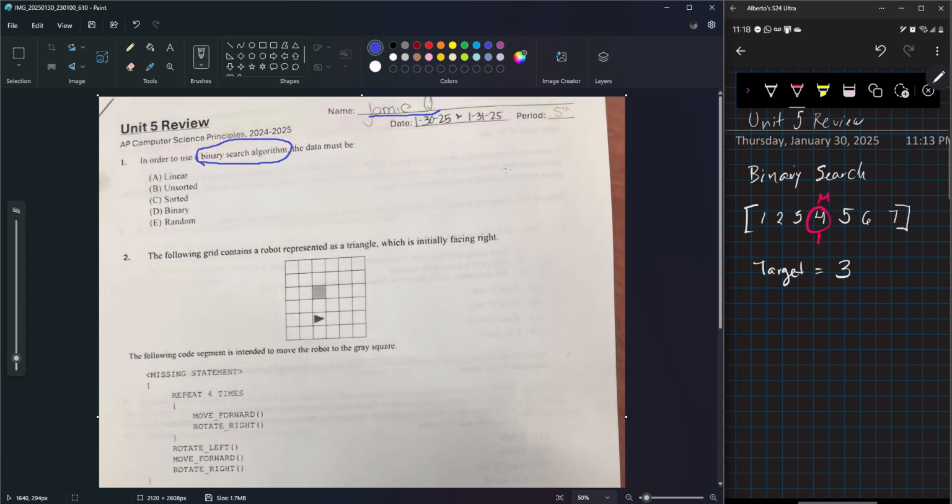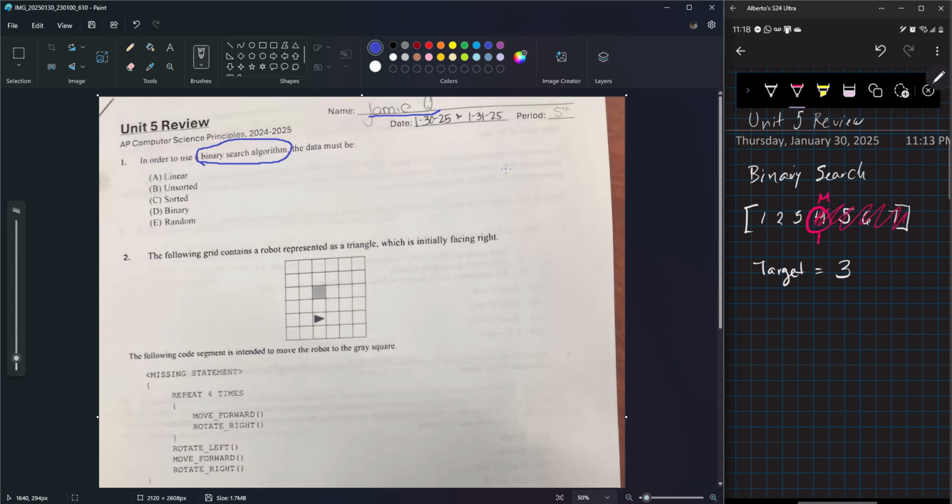And it's not. And then you would check, is my target number less than or equal to 4, or greater than or equal to 4? And then the target is 3, right? So then 3 is less than 4. So then you would delete this whole thing.